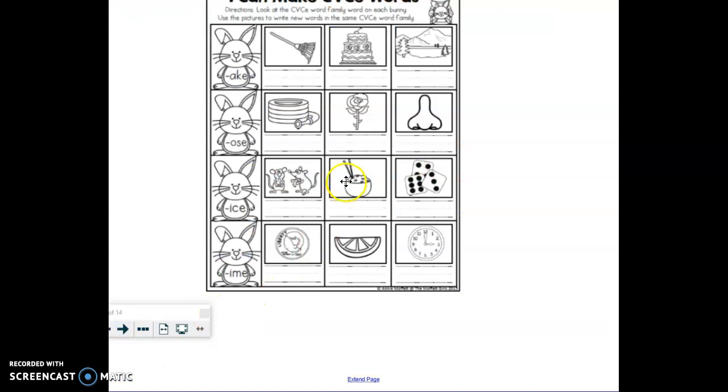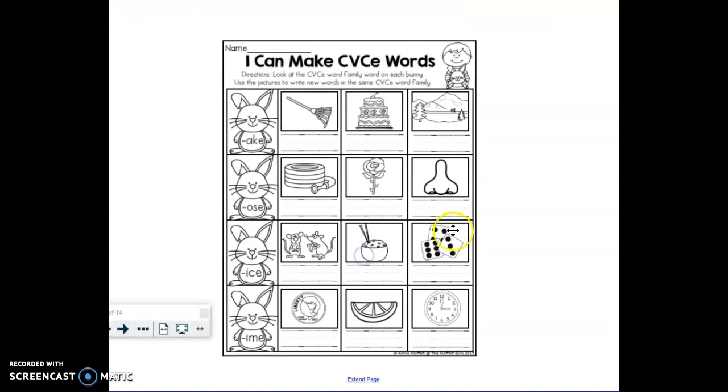So what you're going to do in a little bit is you're going to be looking at this worksheet. You're going to be writing words down that have magic E at the end. You're going to look at the picture and then underneath of it, you're going to fill in the word to match the picture. So this is a rake. I would need to write the sounds to make r, a, k. But remember, if it says a in the word, there must be a magic E at the end.